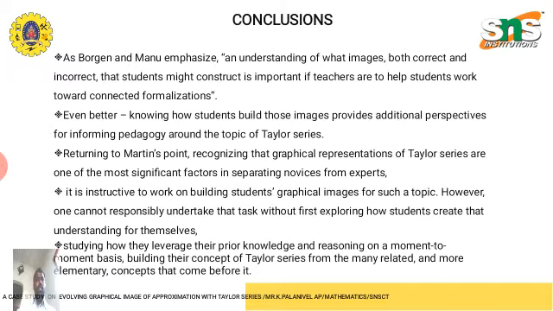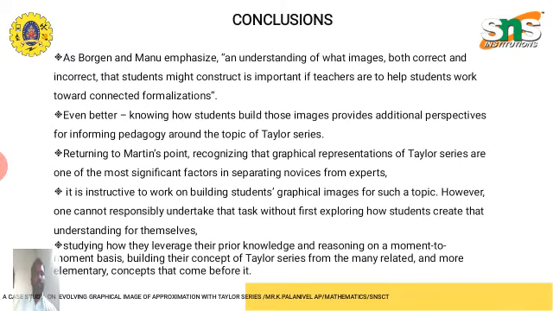Even better, knowing how students built those images provides additional perspective for informing pedagogy around the topic of Taylor series. Returning to Martin's point, recognizing that graphical representations of Taylor series are one of the most significant factors in separating novices from experts, it is instructive to work on building students' graphical images.